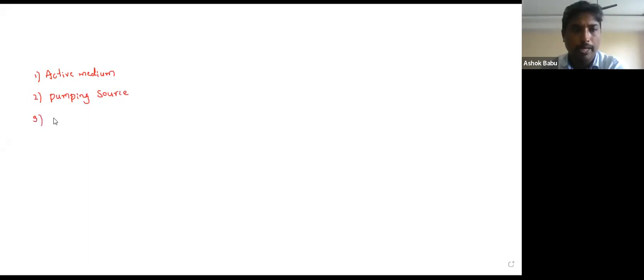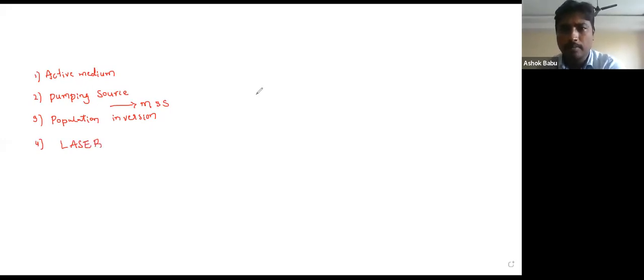Using the pumping mechanism, we achieve population inversion. How do we achieve the population inversion? In the pumping, after that we discuss the metastable state also, and after the population inversion, we get the laser. These steps are a must. All of you try to remember.